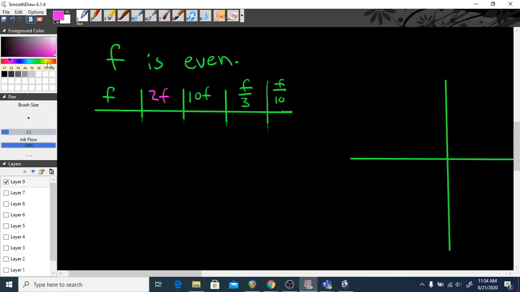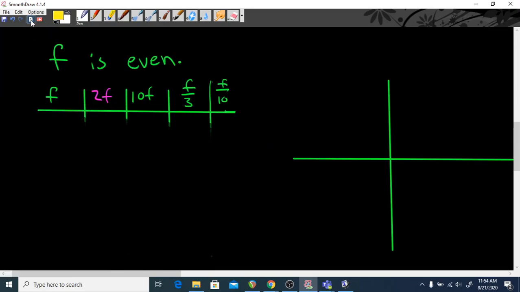Let's do 10F, and then let's see, color code.